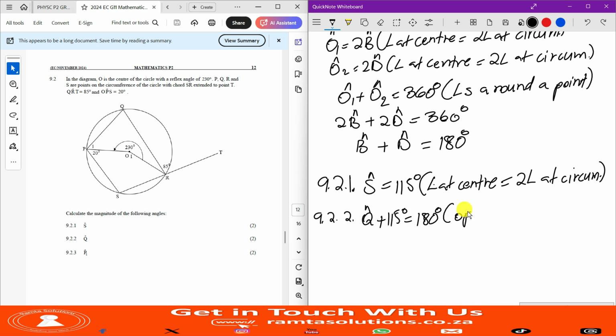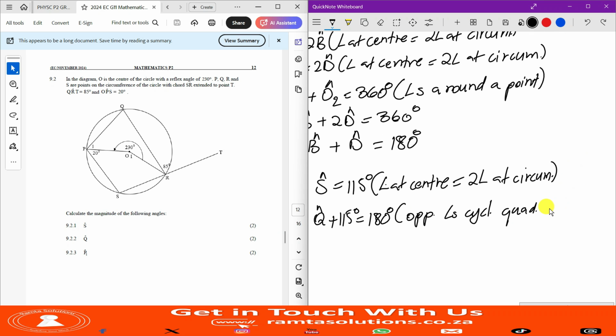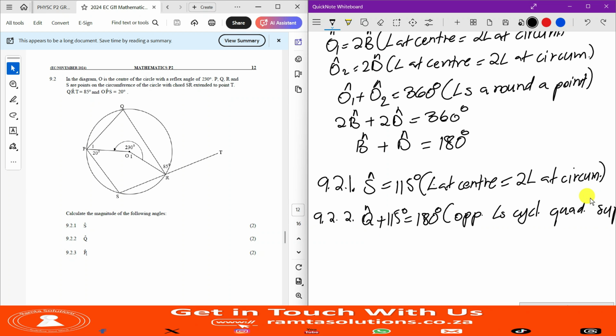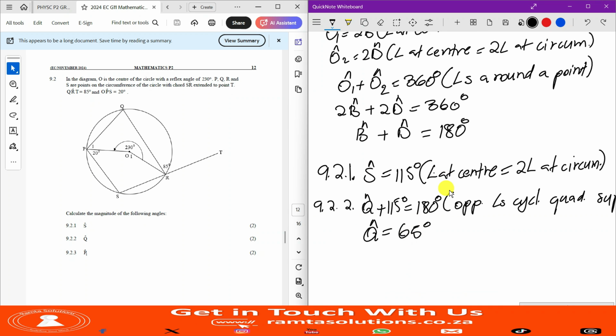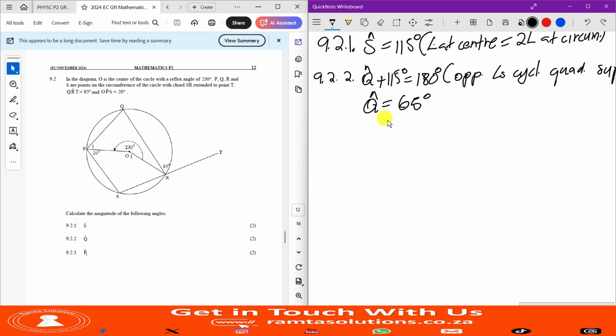Why? Opposite angles of a cyclic quadrilateral are supplementary. So angle Q is 180 minus 115, which is 65 degrees.